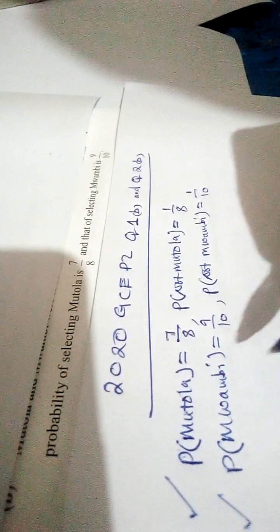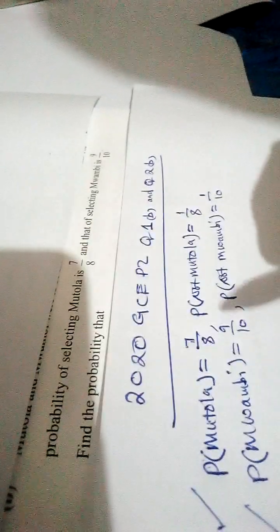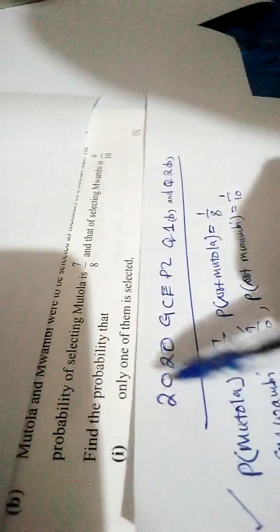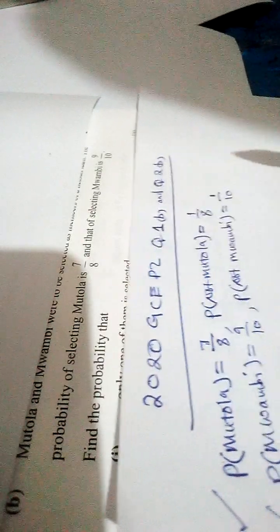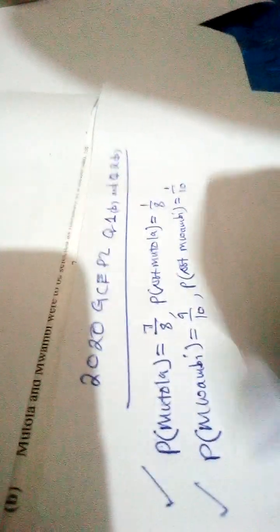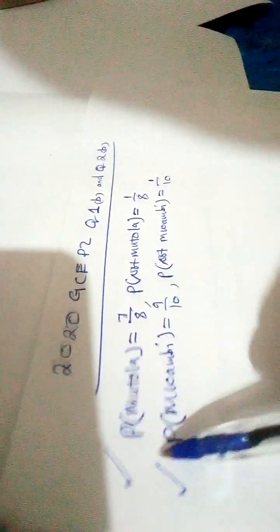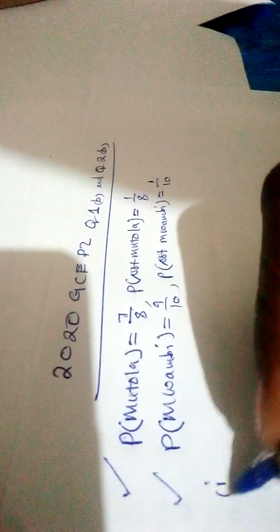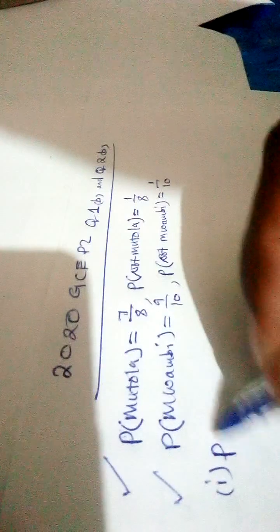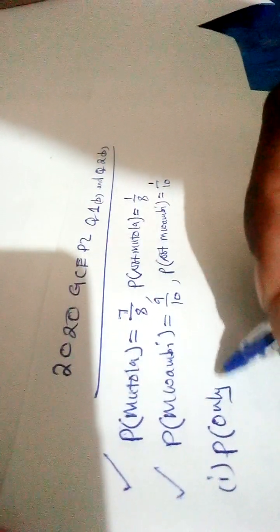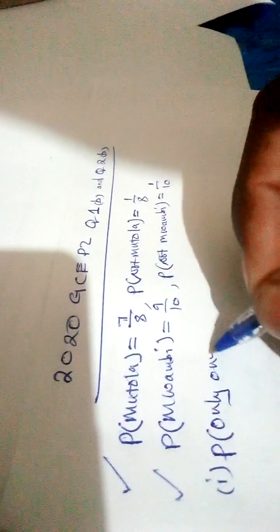The question wants us to find the probability that only one of them is selected. So with this very important data, you go to question number 1, which says find the probability of selecting only one.